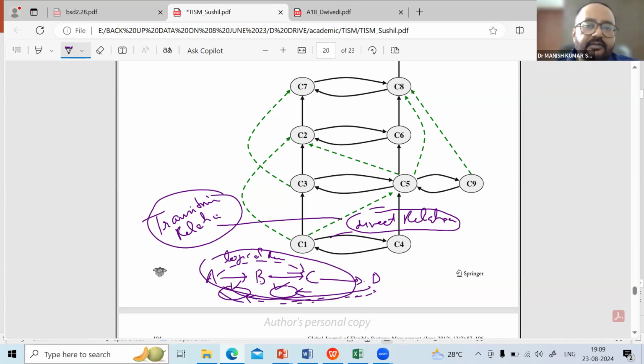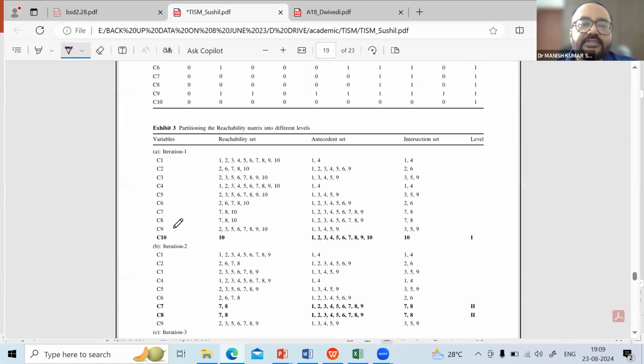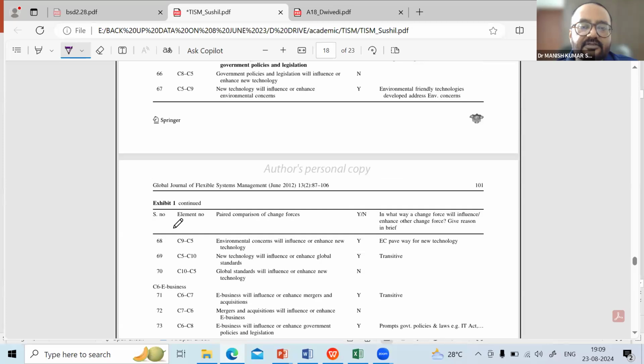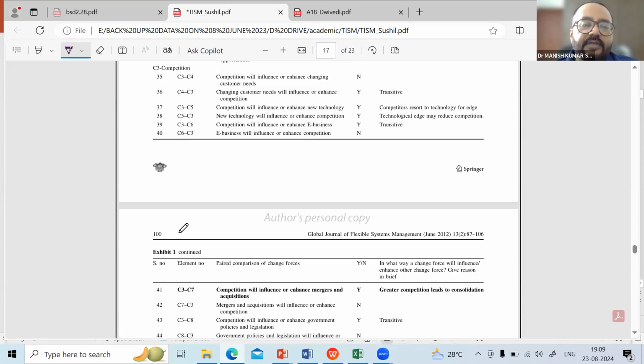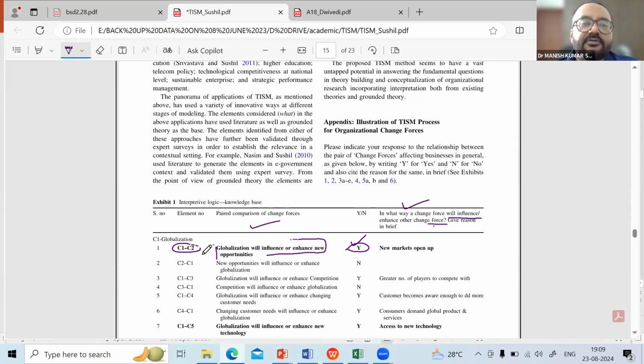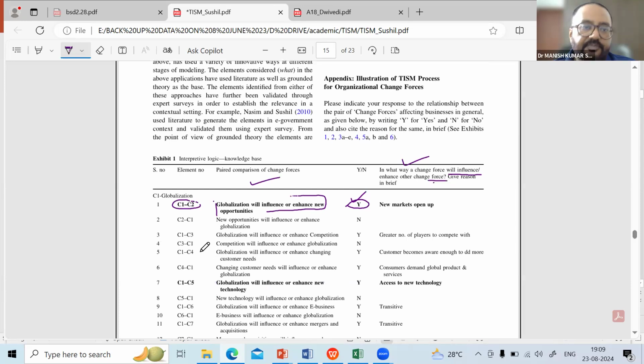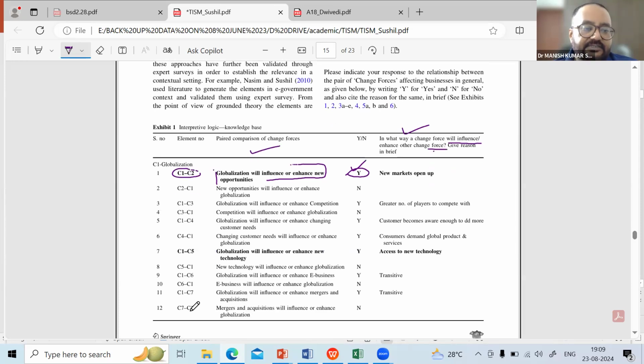Okay, let's go a little deeper, then we'll see this. So for example, I was on the questionnaire actually. On the questionnaire, what you have to do, we have to create a sheet. In this sheet, for every pair, it is a kind of paired comparison. You are doing pair comparison, means you have 10 factors. Factor number one, here we call C1, C2, C3, something like that. So as compared to, you create some questionnaire.